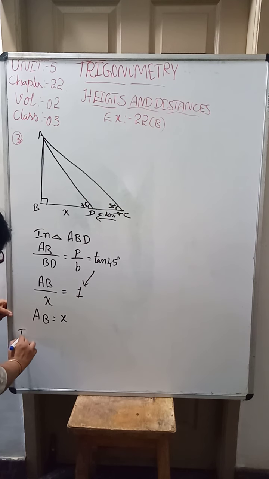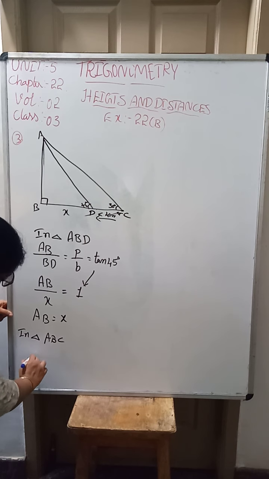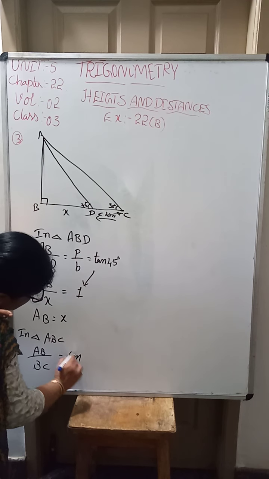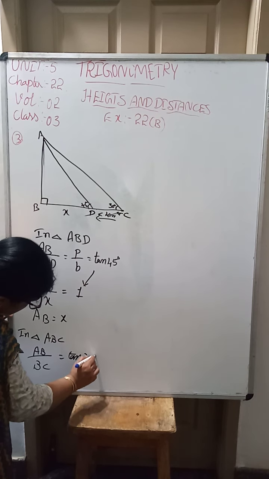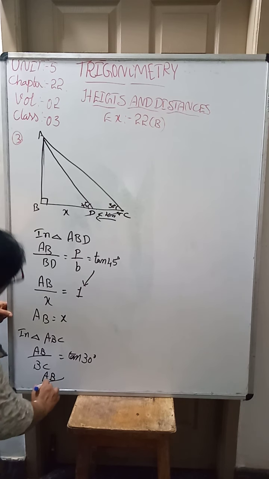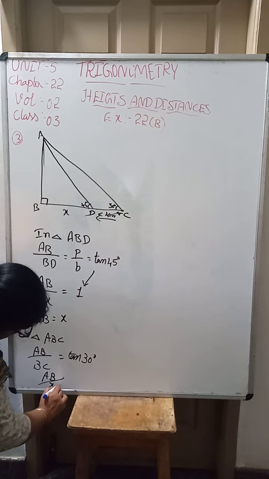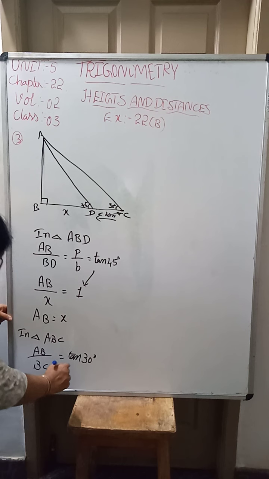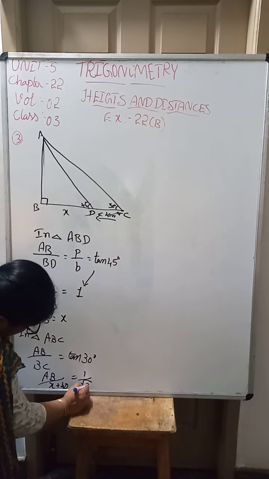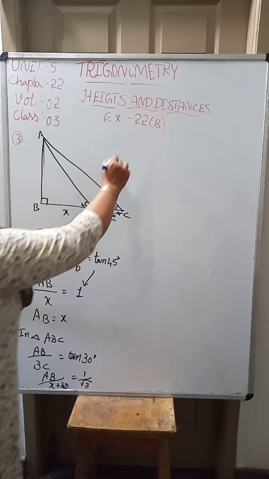Now in second case, in triangle ABC, AB by BC is equal to tan 30 degree. BC has to be taken X plus 40. This is equal to tan 30, which means 1 by root 3.